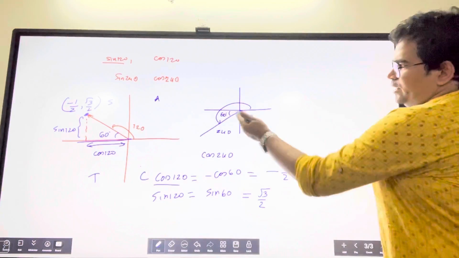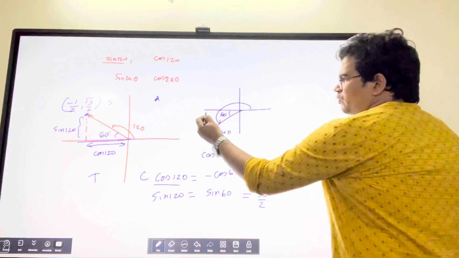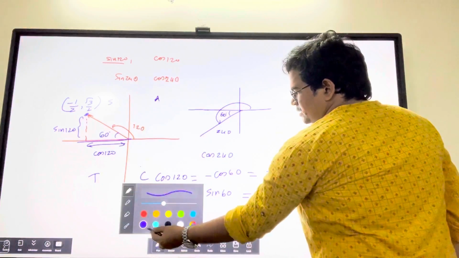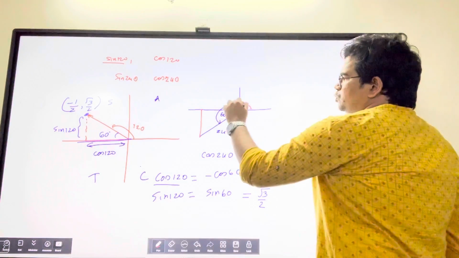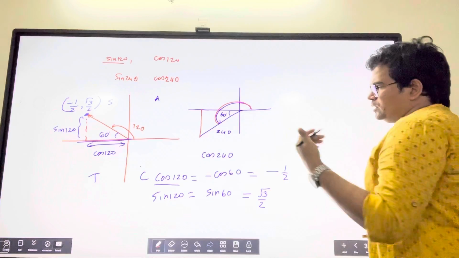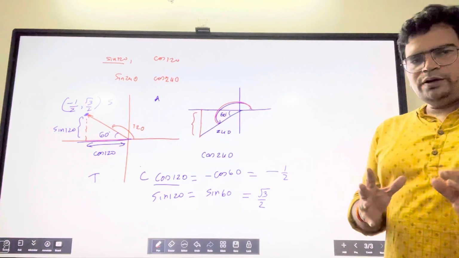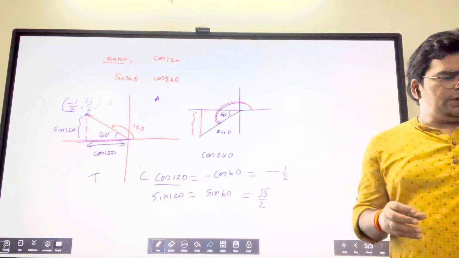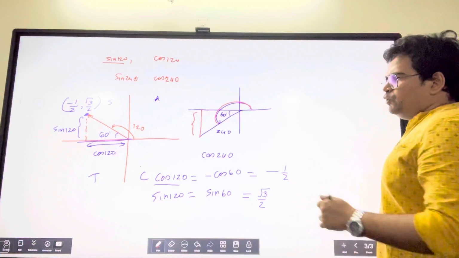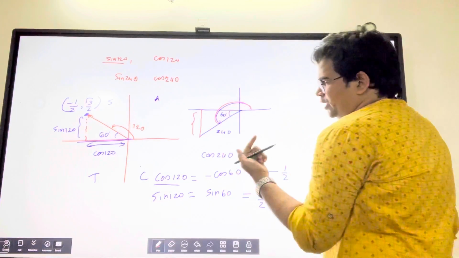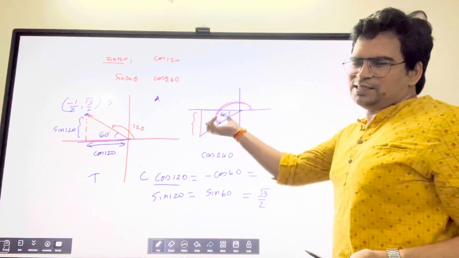Let's take this angle. For example, if I'm finding sine 240, sine is measured along y. So instead of taking this 240 in any context, I'm going to use this angle, 60 degrees. Always try to find the base angle, which is the angle made with the x-axis. 240 is not the actual angle that you have, so you can just take 60 degrees as the base angle.